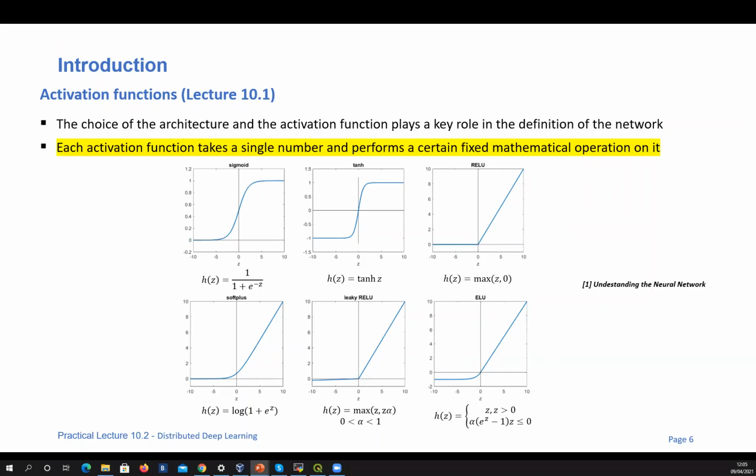As I said, these models are made up of edges, so connections between the nodes, and nodes themselves. And as you should recall from the previous lecture, each node comes with an activation function. Activation functions are operations that are performed on the input coming from each edge to the node.